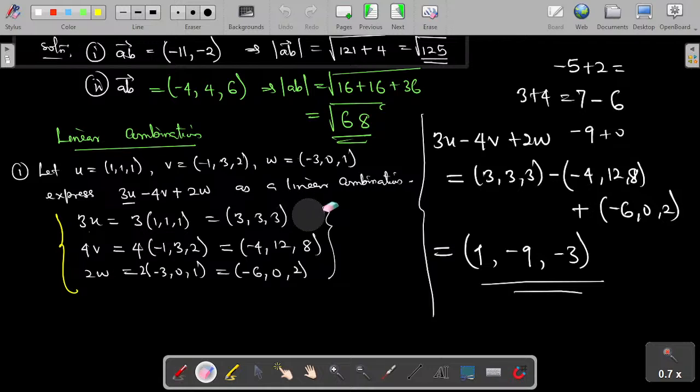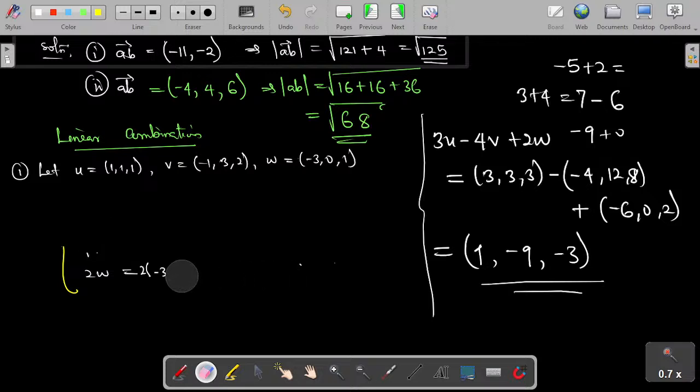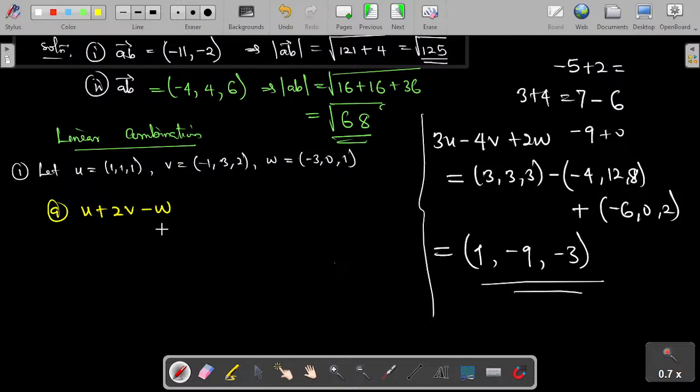When I said linear combination, see what I am talking about. You can be given vectors and then asked to get something like what I did before. Maybe we ask you to get u plus 2v minus w. This is a linear combination of u, v, and w.